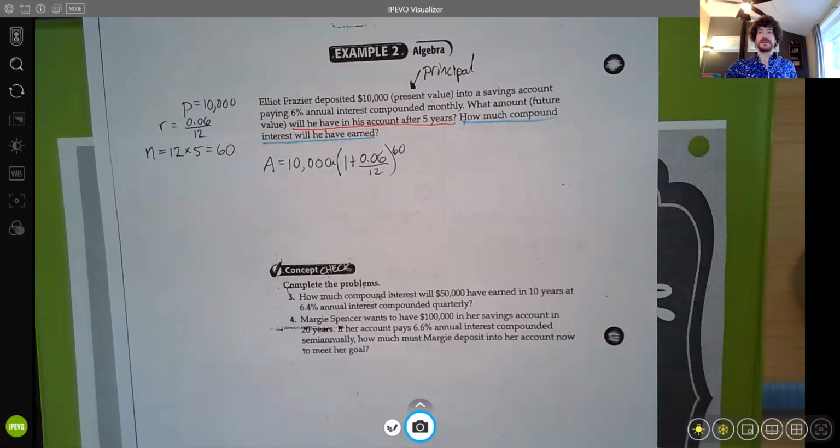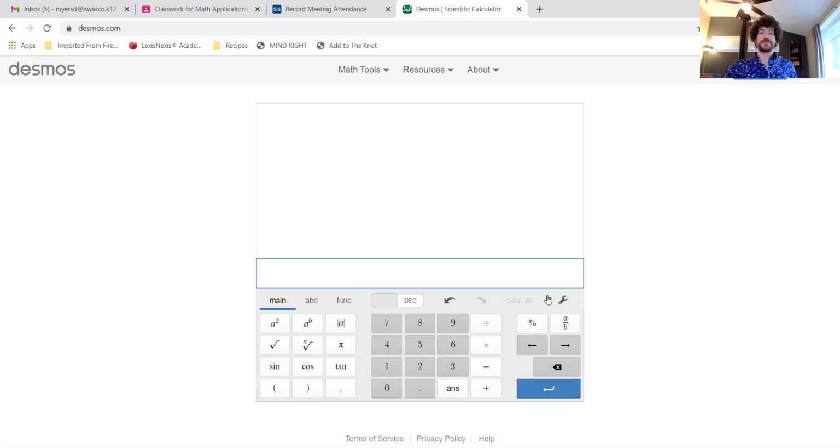So go ahead and do that here. All right, here we go. Principal value, 10,000, multiplied by, parentheses, 1 plus 6% divided by 12 months, to the 60 total compounding periods. So there it is.